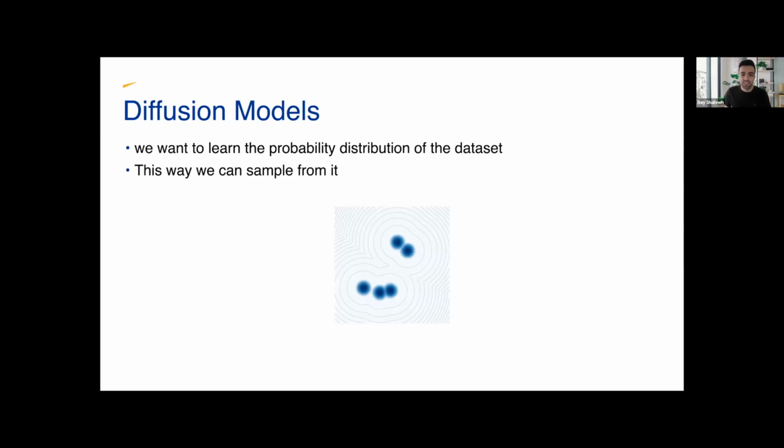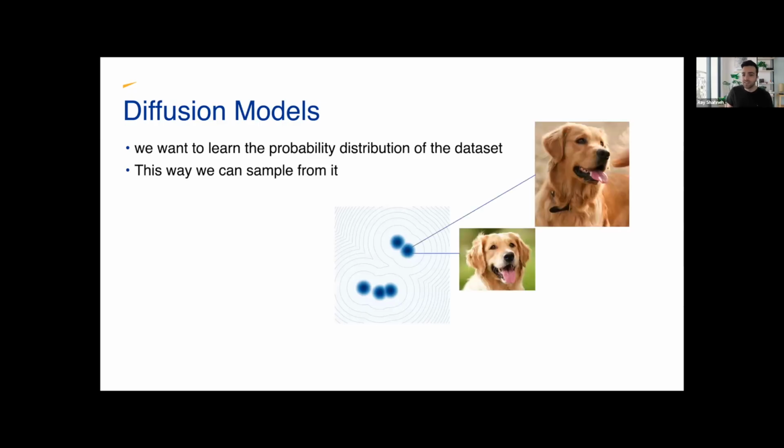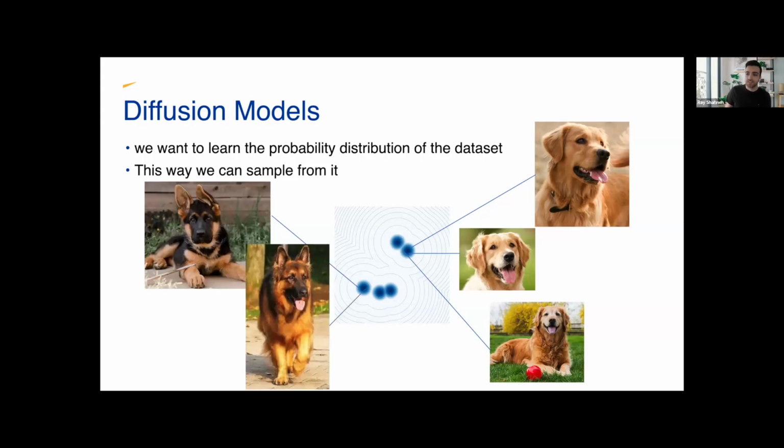So for example, imagine that this is just an illustration, but imagine that golden retrievers are coming from these areas, and then German shepherds are coming from these areas, right? So we want to learn which part of our probability distribution is the parts that correspond to the images of the dog. Later on, we can use this to generate new images of the dog.